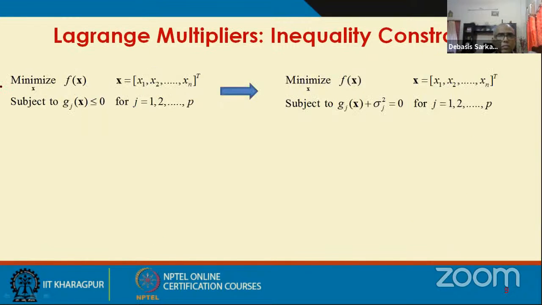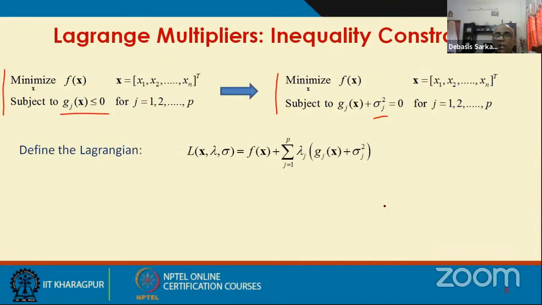Now, such an inequality constraint optimization problem can be converted to this equality constraint optimization problem. Note, for each g, I define one sigma. And then convert the less or equal to 0 type constraint to equal to 0 type constraint. Then it is the same as the previous case. You define the Lagrangian function.